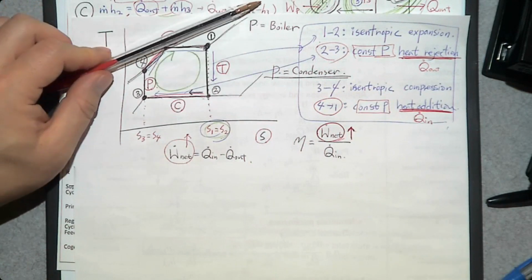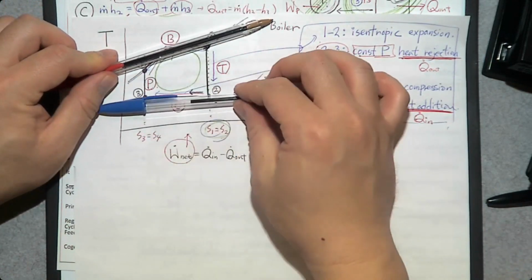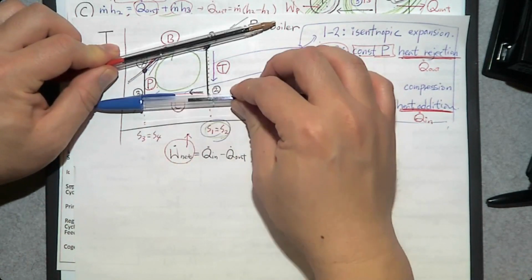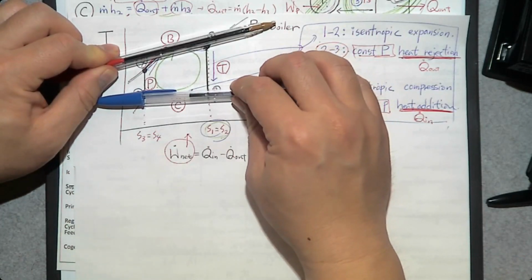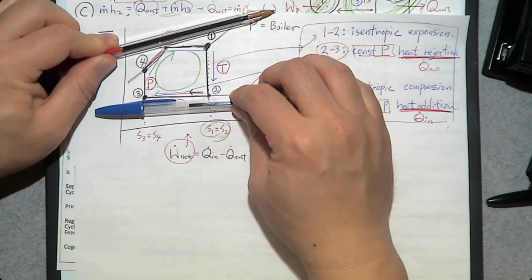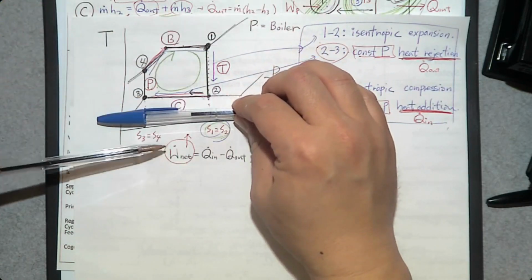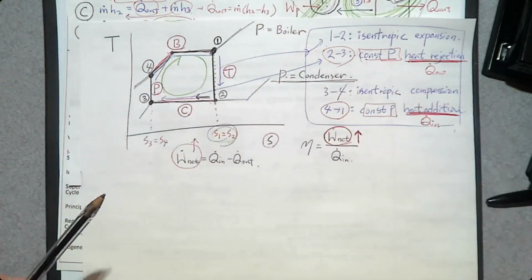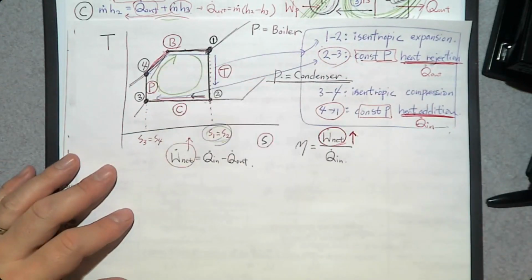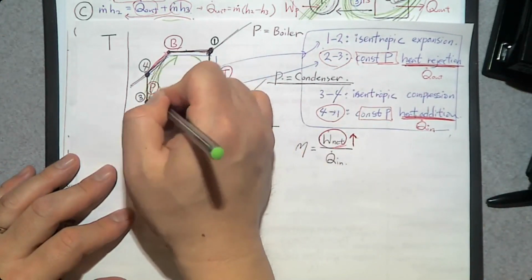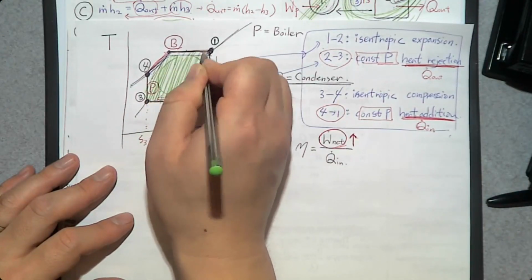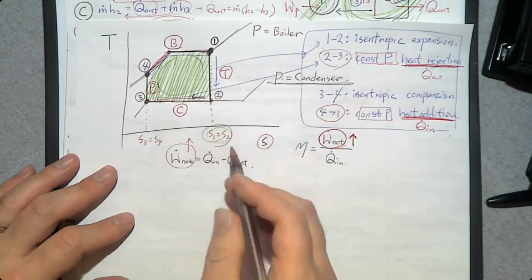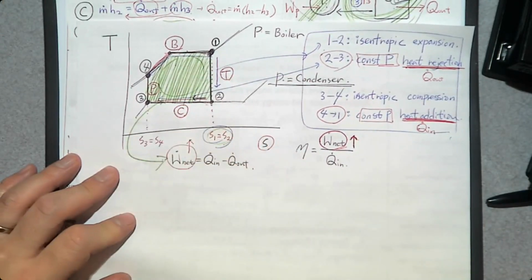What does it mean? So we want to increase this one, we want to decrease this one. So basically, if you can increase the enclosed area, then you can increase the W dot net. In other words, this enclosed area is W dot net.